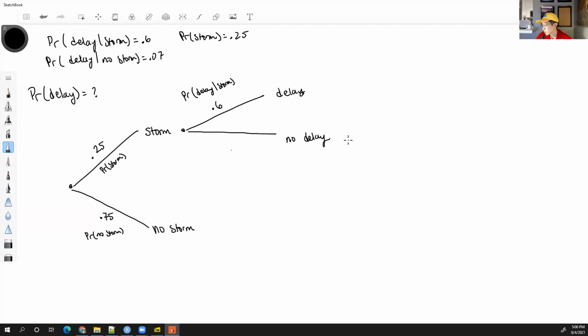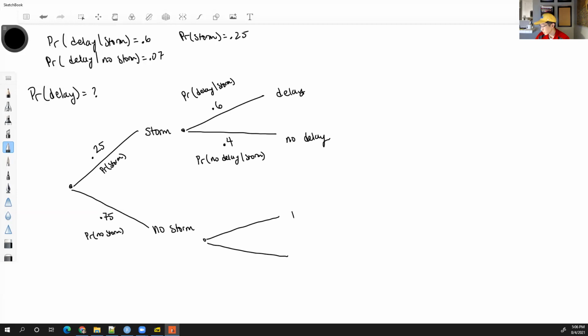Okay. So then what number should go on this side of the branch? We got 60% up here. What are we going to put here? Exactly, we're going to put 40% down here. So this is the probability of no delay given storm. Okay.